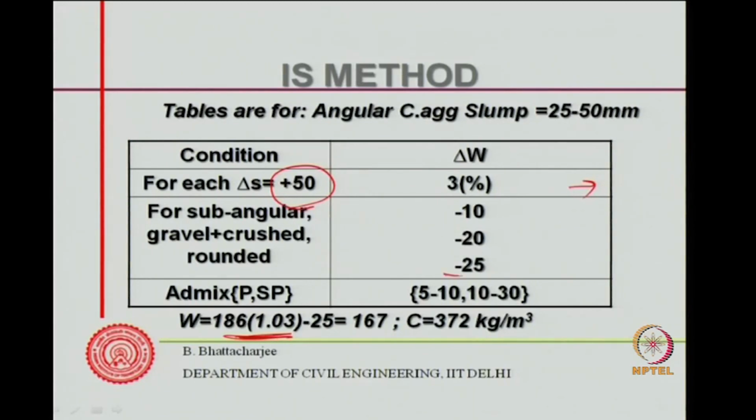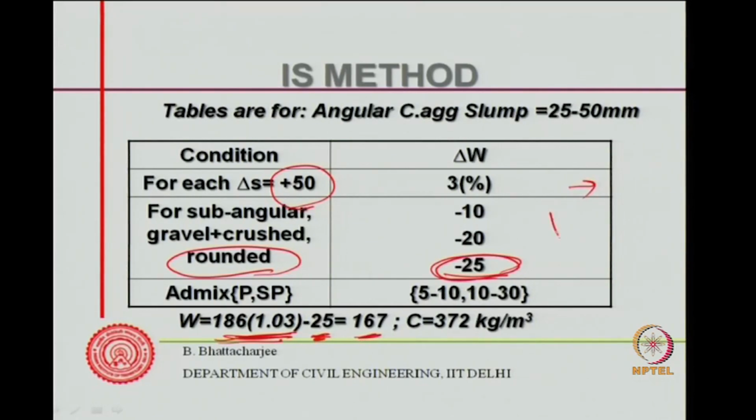My aggregate is rounded, so I subtract, because for rounded aggregate, packing is better and they consume less water in the mix for the same workability. Paste content will be less, so minus 25. So my water content would be 186 into 1.03 minus 25, which gives me 167.